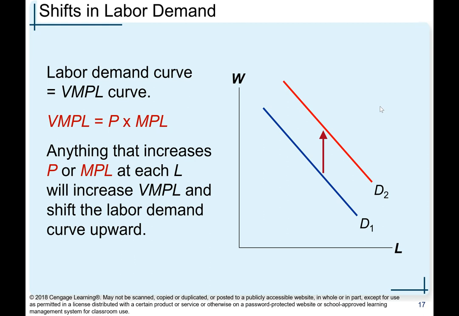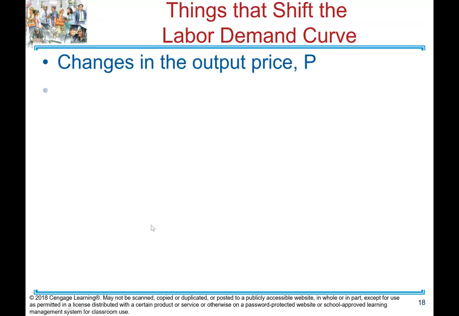Anything that increases the price of the output or increases the marginal product of labor at each level of employment will increase the value of the marginal product and will shift the labor demand curve upwards to the right.